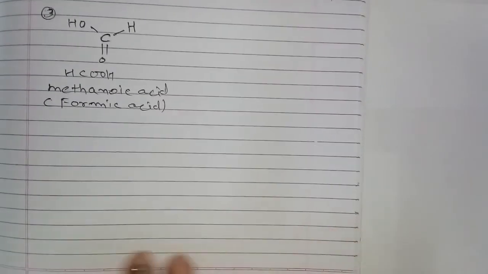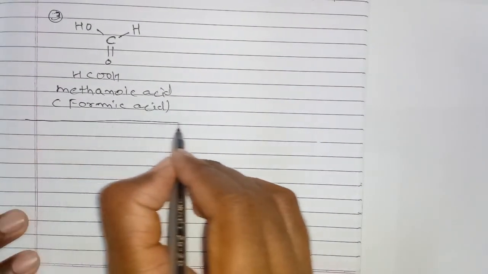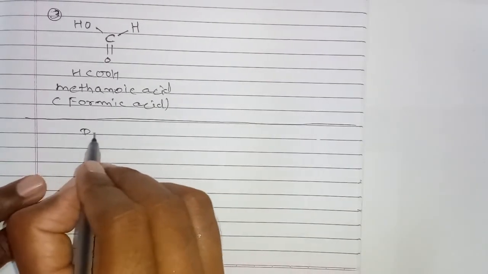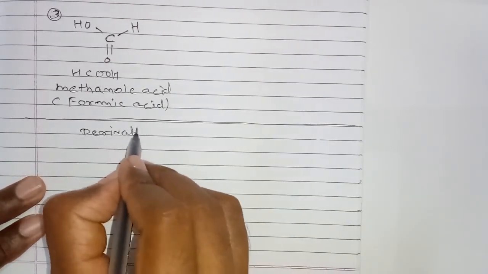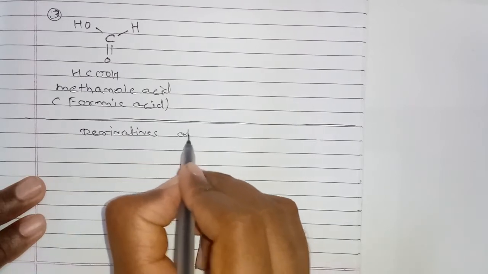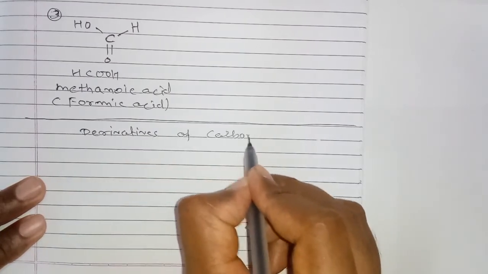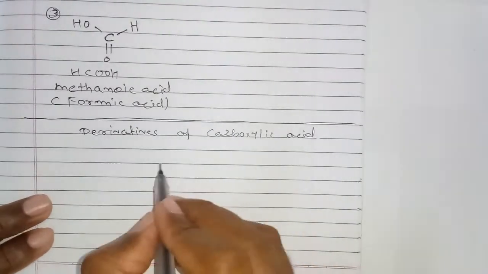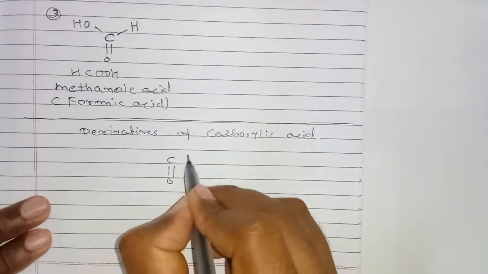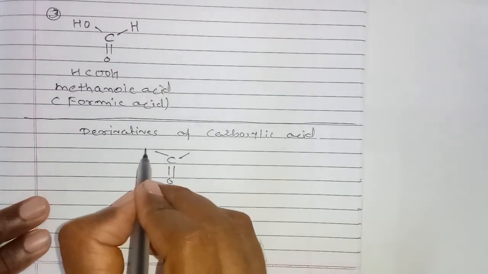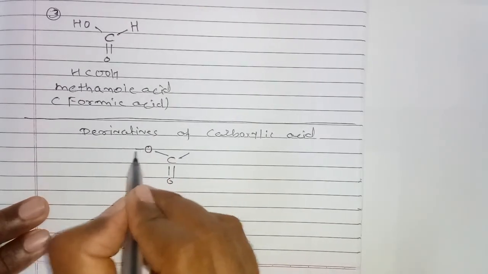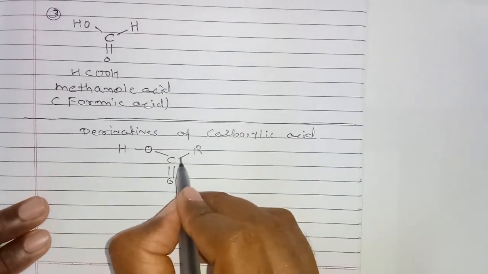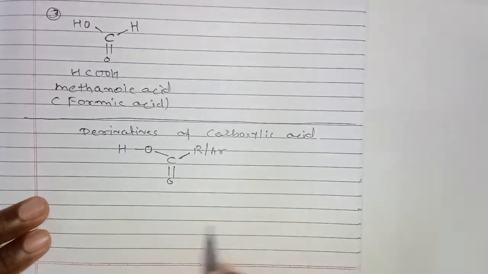Now there are four derivatives of the carboxylic acid. Here we have the hydroxyl group and the alkyl or aryl group.